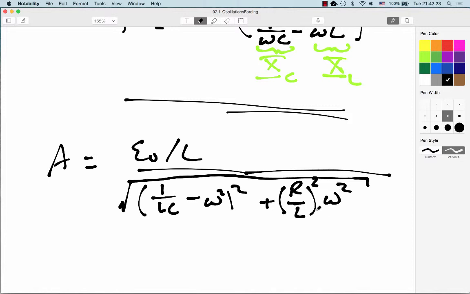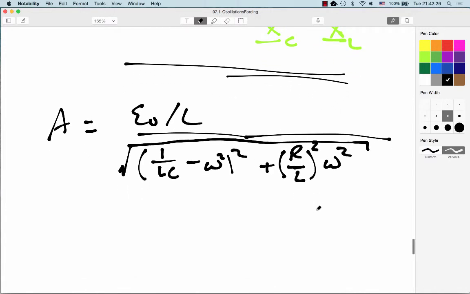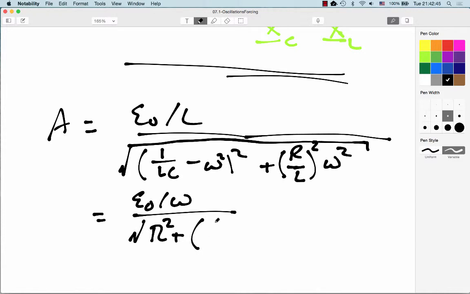So again, I can massage it around a little bit. If I divide top and bottom by omega, and multiply top and bottom by L, I can rework this and get E naught over omega over the square root of R squared plus 1 over omega C minus omega L squared.